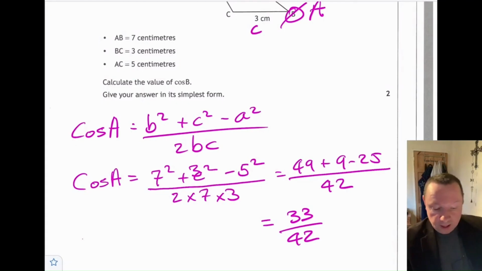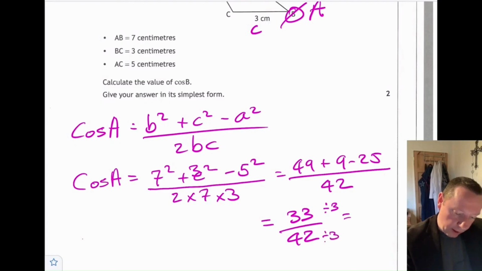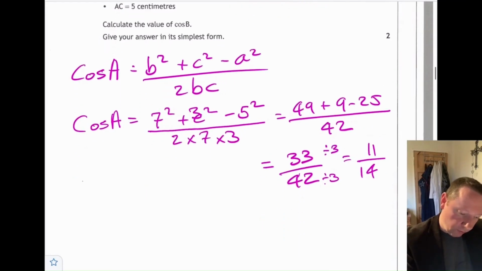Is that simplified? Well, I can divide both by 3 to get 11 over 14. Now, we've written cos A, remember, but that's actually cos B. So our final answer, to be very clear for the examiner, cos B is 11 over 14.